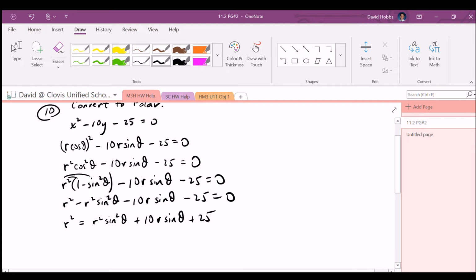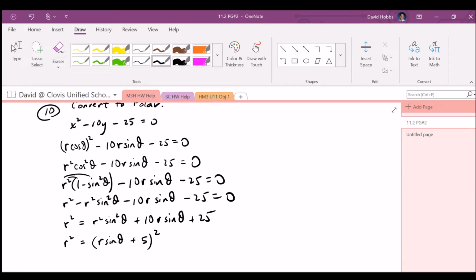And what's nice about that is the right-hand side actually does factor as a trinomial right now. And so we get r squared equals, and I have r sine theta plus 5 times another r sine theta plus 5. So in other words, r sine theta plus 5 quantity squared.